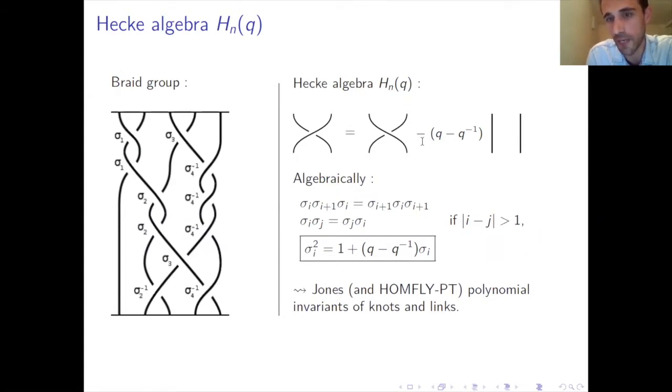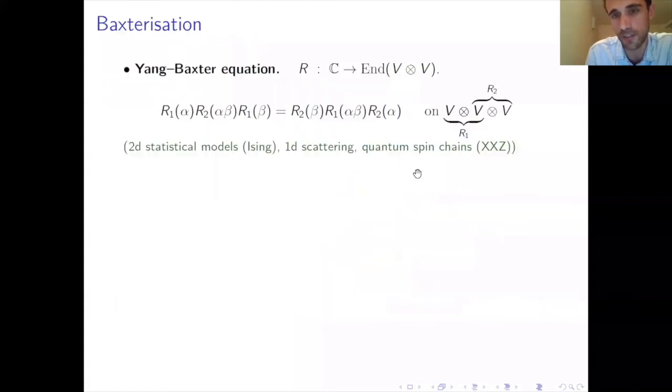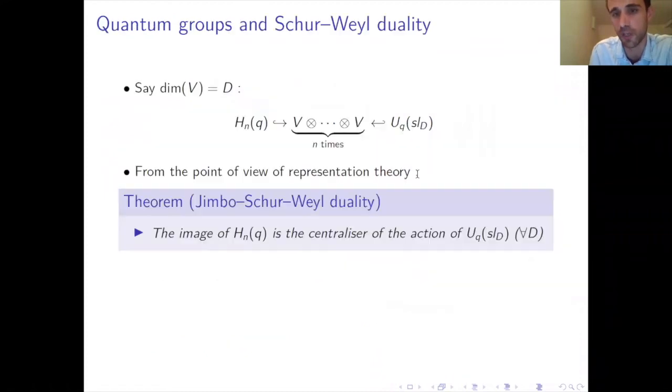There is a minus here. So this defines an algebra, and it's a quotient of the braid group algebra. Sure. Sorry about that. So it's a simplification of the braid group algebra. From the point of view of representations, I always forget that the group and the group algebra are not exactly the same thing. So yes, thank you. Okay, thanks. The Hecke algebra is a quotient of the braid group algebra.